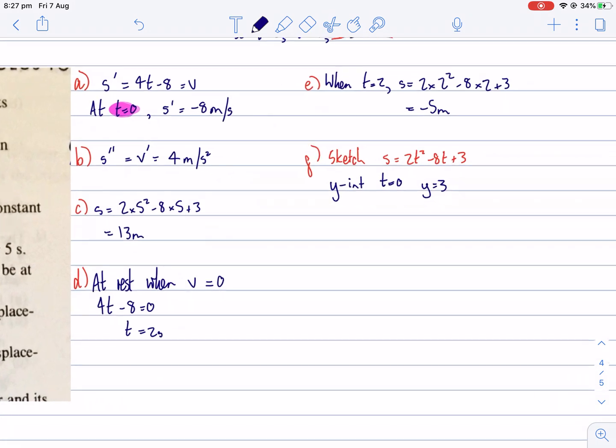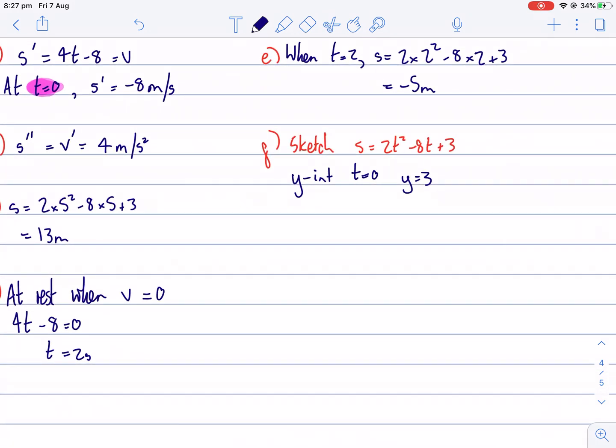I'm saying y instead of s. So the t-intercepts: 0 equals 2t squared, take 8t plus 3.